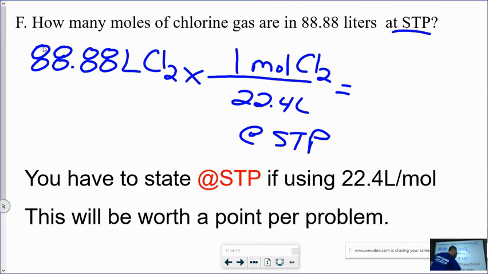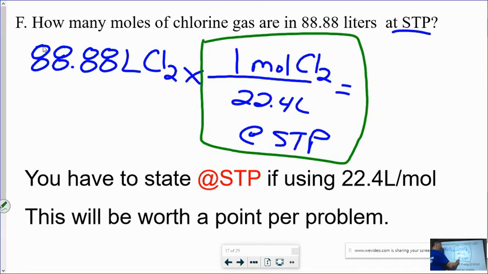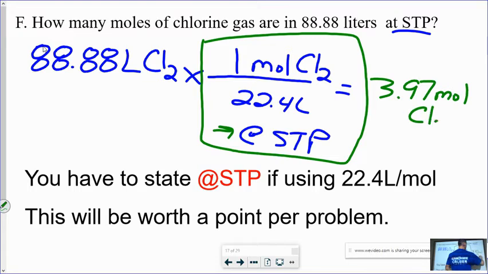The only time you can use this step is if you are at STP, and you must state that you are at STP when you solve it. So if we do the math on this particular problem, we end up getting 3.97 moles of chlorine gas.